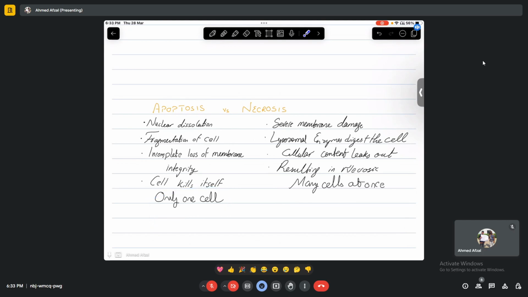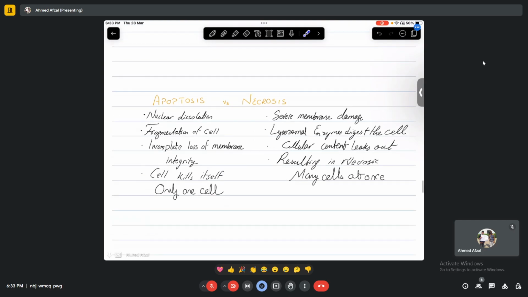Necrosis is basically murder, and this happens to multiple cells at once. It's the lysosomal enzymes which digest the cell, as we saw in the diagram in the slides. So this is basically it. Again, I'll test you on these differences, so just have a look at them. All good?